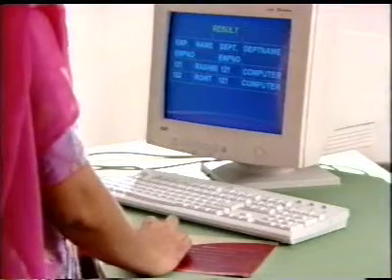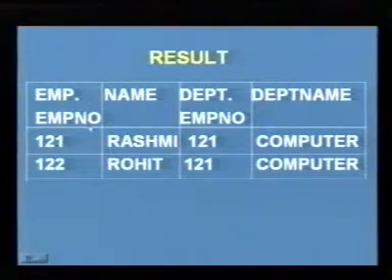This is because the Cartesian product will give the number of tuples equal to 4, whereas as we have seen in our table, only one tuple should be returned, saying that employee number 121 is in computer science department. The result will be as follows: employee number 121, name Rashmi, department number 121 and department name computer.